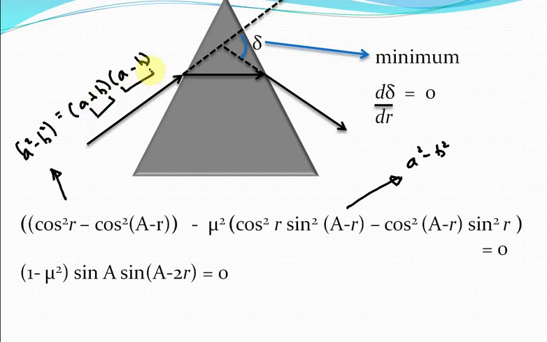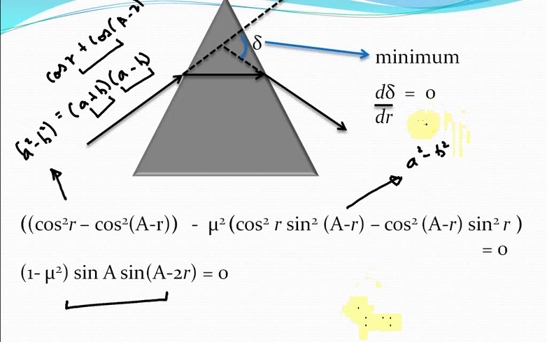For example, in this case, a plus b will be cos r plus cos A minus r. So you can actually use the formula for cos a plus cos b to simplify this expression. So when you just simplify this expression without any fanfare, this is the final expression that you get, and this comes out to be equal to 0, because d delta by dr is equal to 0.